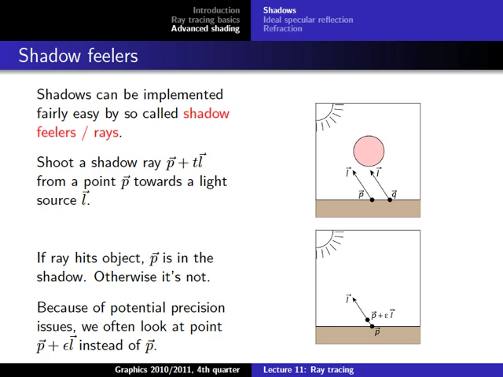That is that we can have precision problems when we are very close to the object where we start our ray, which is why in practice we usually don't start at the point itself, but we introduce a small epsilon value. We start with this epsilon and not from 0 here.